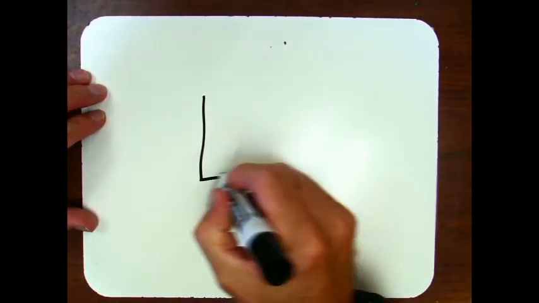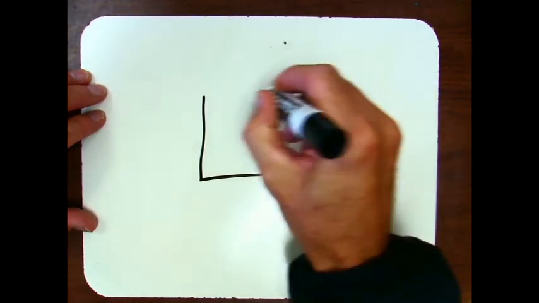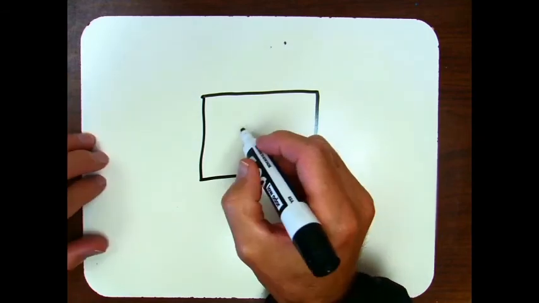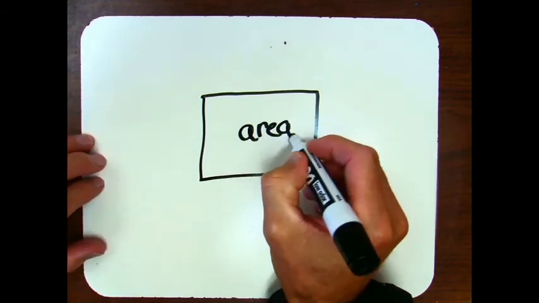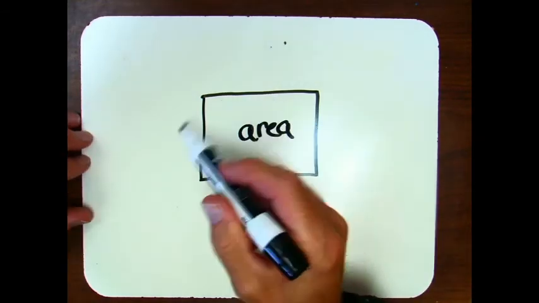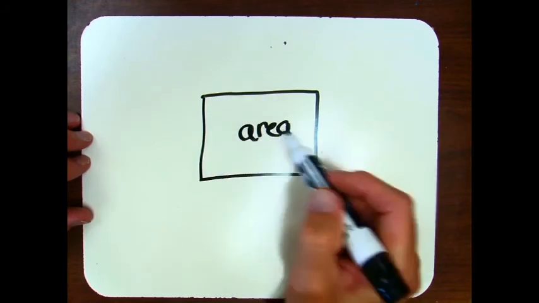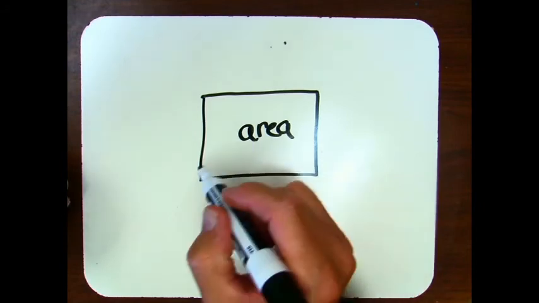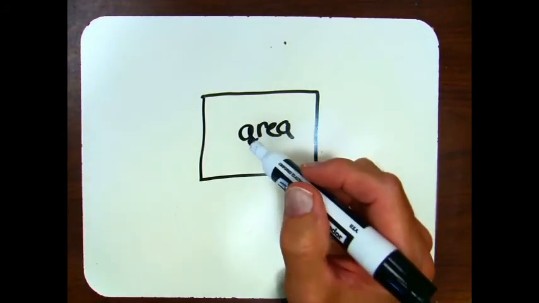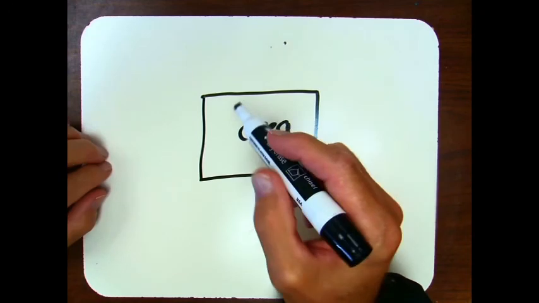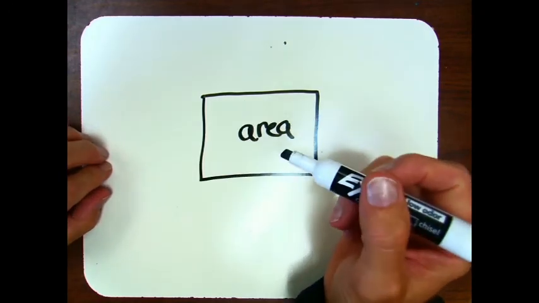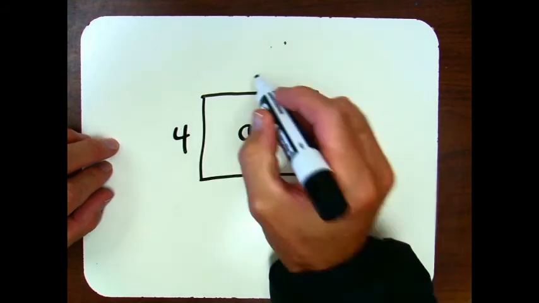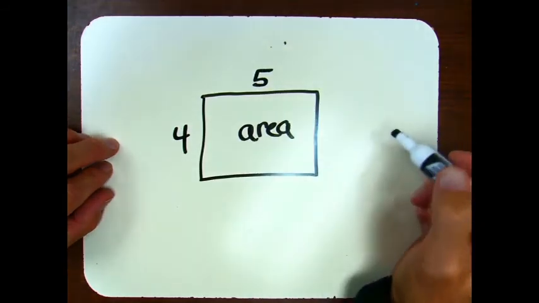So we learned that this inside is the area, and we have on the outside rows and columns, but we aren't going to even write rows and columns this time. And I'm going to make up what our rows and columns are going to be. So let's say over here we have 4 rows, and up here we have 5 columns.